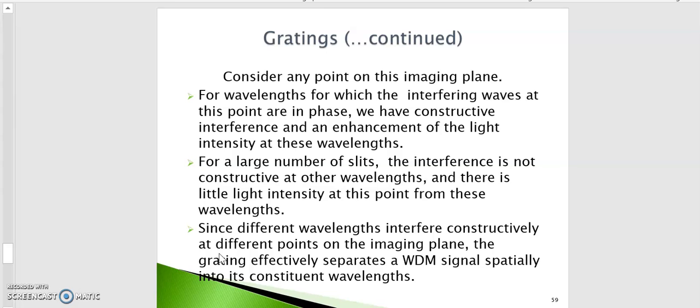But we have a number of slits, so interference cannot be constructive for all wavelengths, and when interference is not constructive, the light intensity at those points will be less. So some wavelengths interfere constructively at different points and some interfere destructively at different points on the imaging plane. So this grating can perform the function of separating a wavelength division multiplexed signal spatially into its constituent wavelengths.